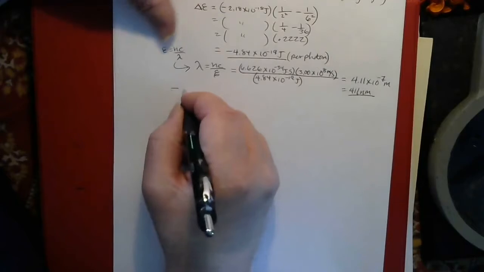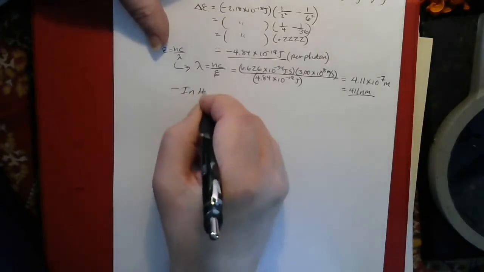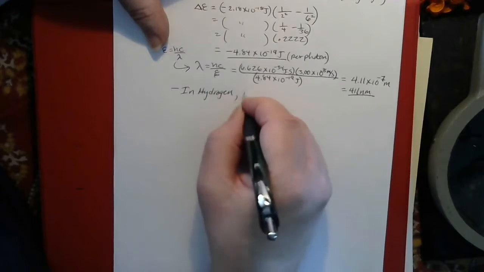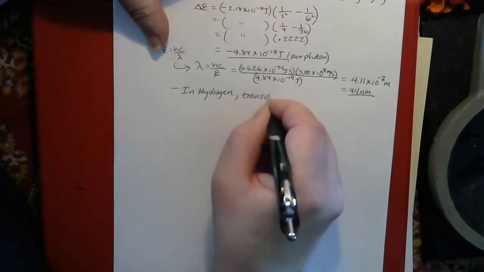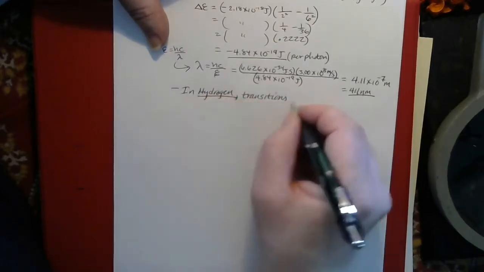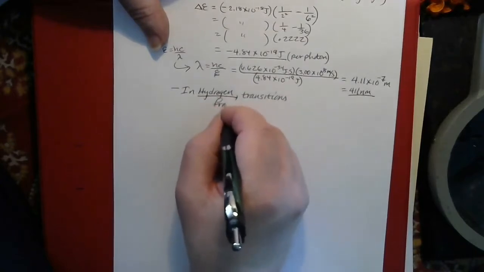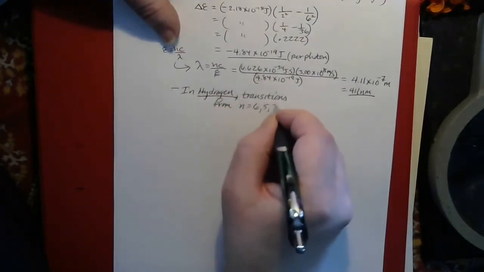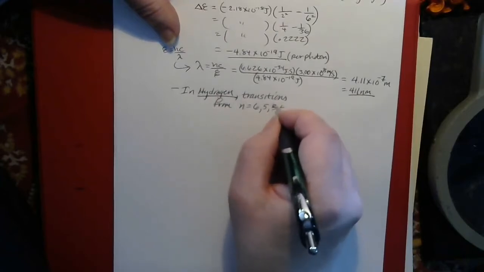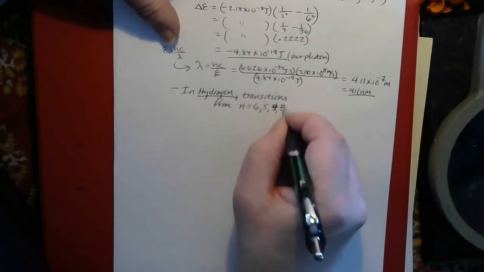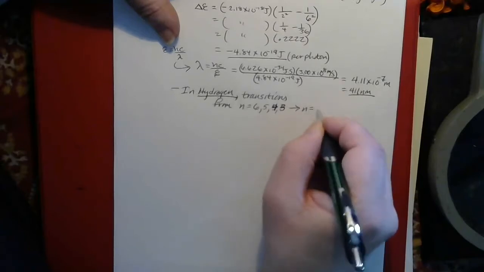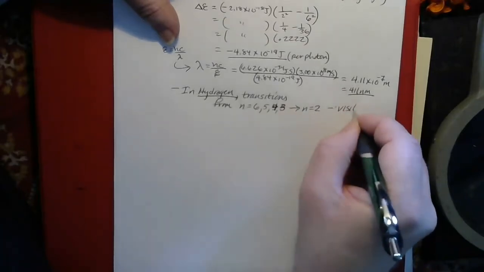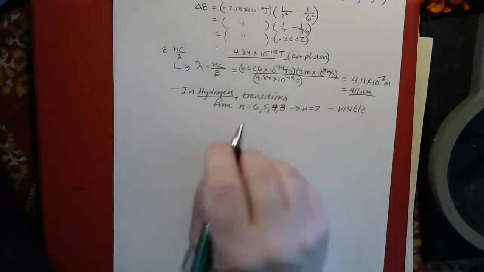Okay, so as a summary, in hydrogen, transitions from n equals 6 or 5 or 4 or 3 to n equals 2 occur in the visible range.